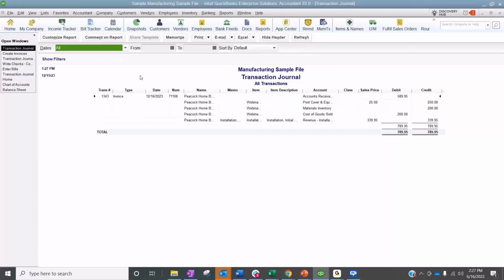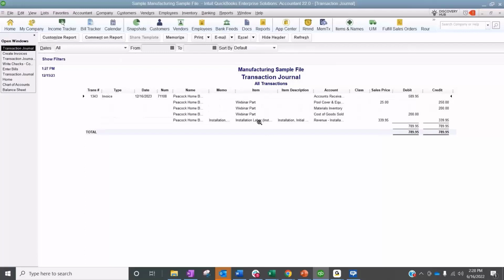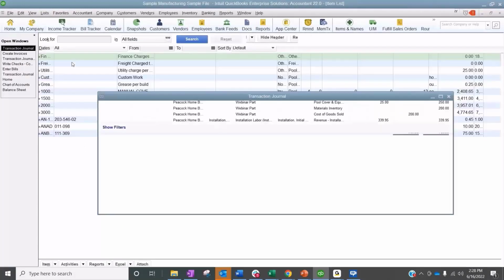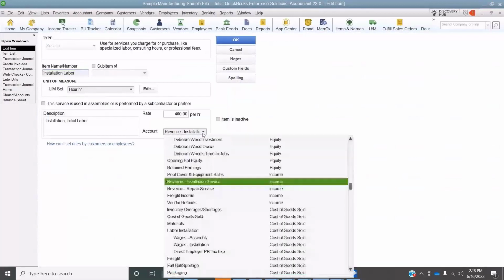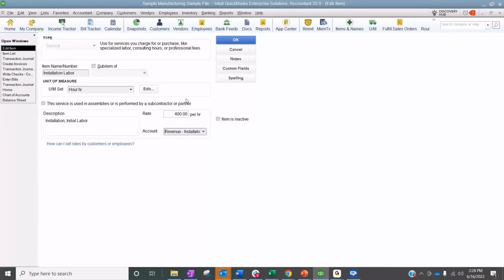I'm going to skip down here to the item of installation. So this is a service item. When we set up service items in our chart of accounts, we can have them go against one account for income or one account period, right?